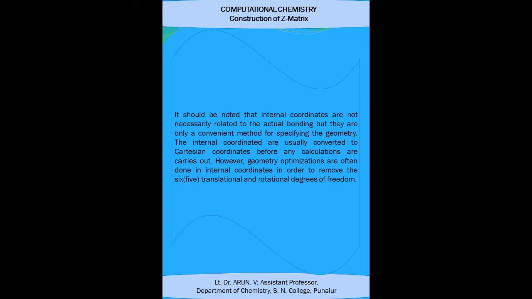The internal coordinates are usually converted to Cartesian coordinates before any calculations are carried out. However, the geometry optimizations are often done in internal coordinates in order to remove the 6 or 5 translational or rotational degrees of freedom for linear or nonlinear molecules.